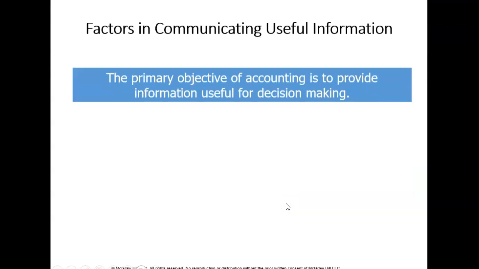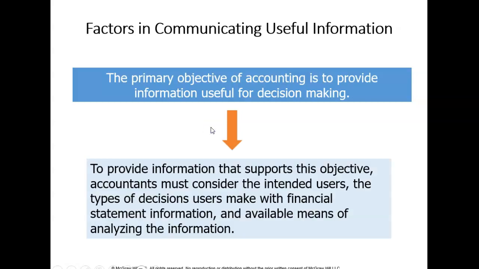So here in Chapter 9, we're going to focus on how accounting information is going to be useful for decision making. Okay? So we'll talk about how the information will support decisions made by those both internal, those inside of the company, and those external.